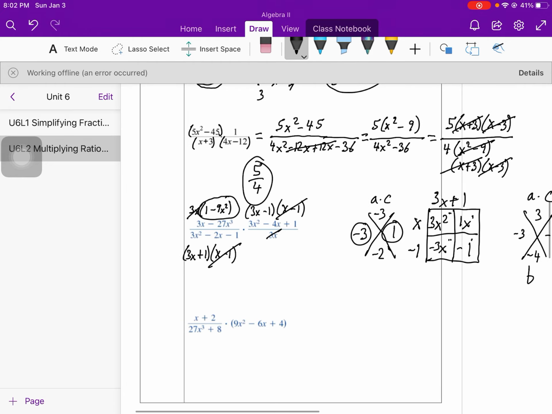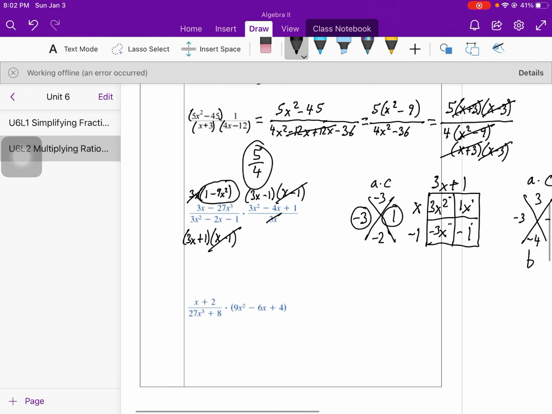That's another difference of squares, and that's going to factor into 1 plus 3x and 1 minus 3x. 1 plus 3x is actually the same as 3x plus 1. We can change the order since they're both positive. So now that's going to cross out with that. And the only things that we actually have left is the 1 minus 3x and the 3x minus 1. Those are both on the top, so we're actually going to end up multiplying those.